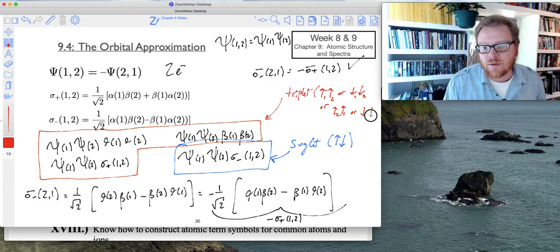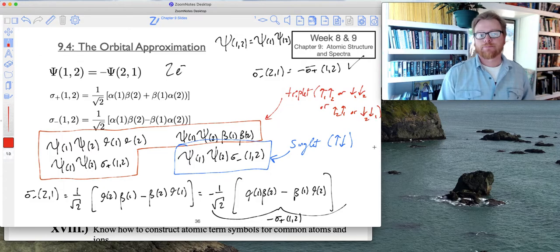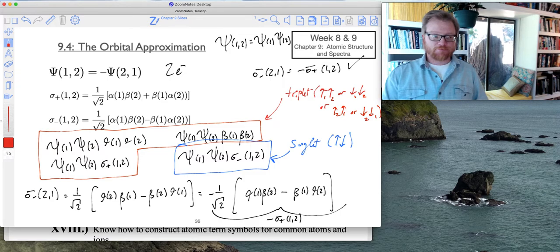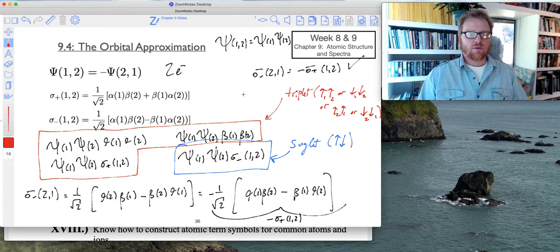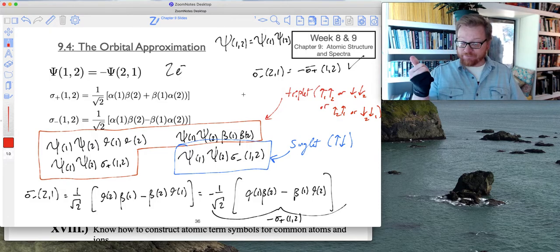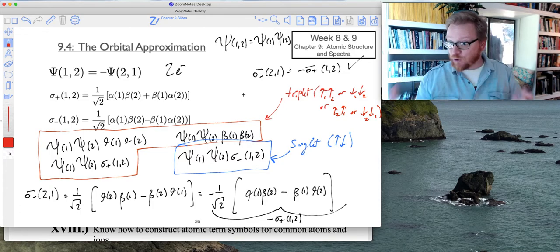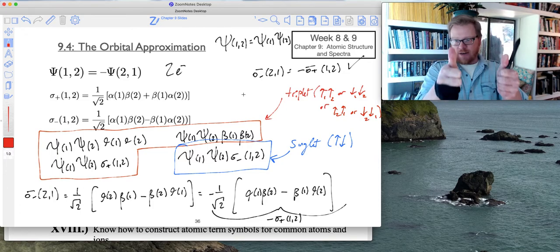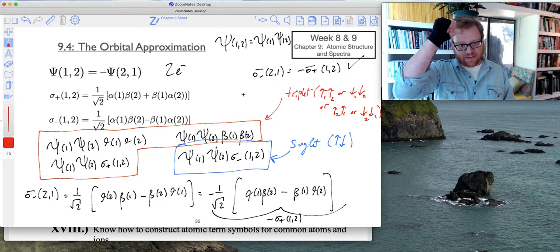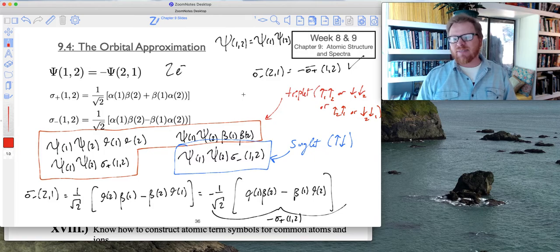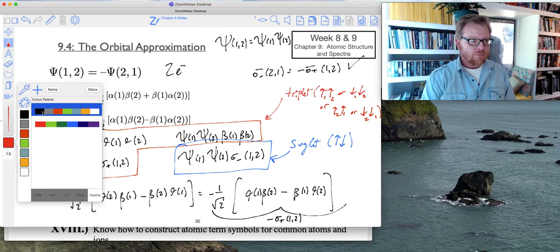So, two-electron system, two possibilities: a singlet state, which is a pair, or a triplet state, which is not paired. That's the biggest conceptual detail I want you to take home from this: recognize that a triplet state, even though it seems kind of confusing calling it a triplet state, it's triplet because it has to do with superpositions and uncertainty. Or the singlet state, which describes an electron pair.